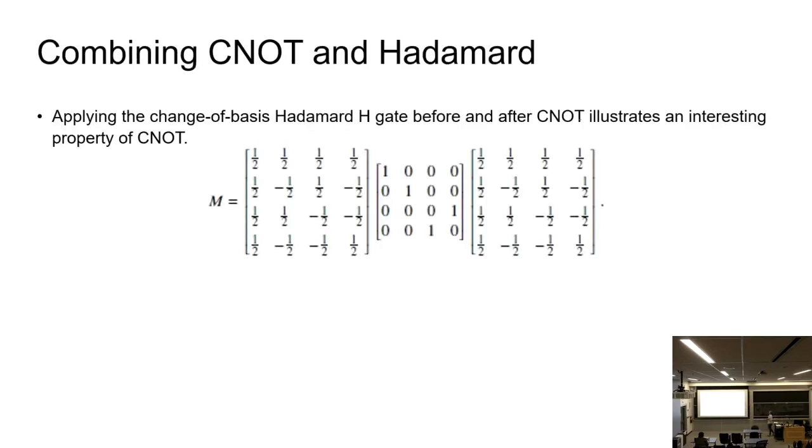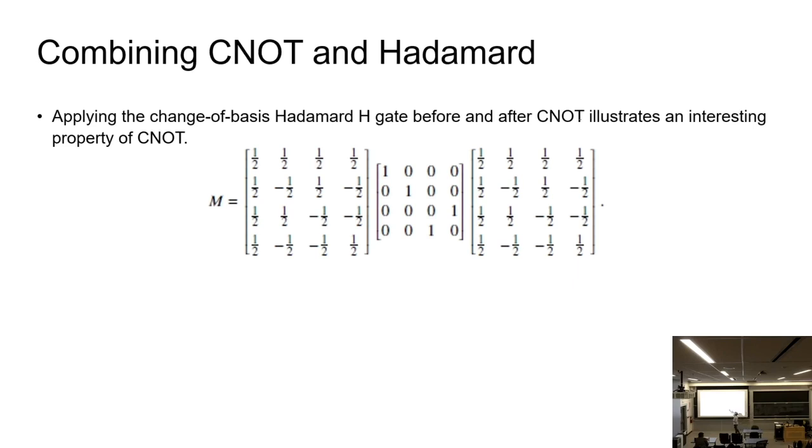All right, so we can combine the CNOT gate and the Hadamard gate, and we can do other stuff. If I apply the Hadamard gate before and after the CNOT gate, it illustrates an interesting property. So here's what I want to do. I want to develop some new matrix.